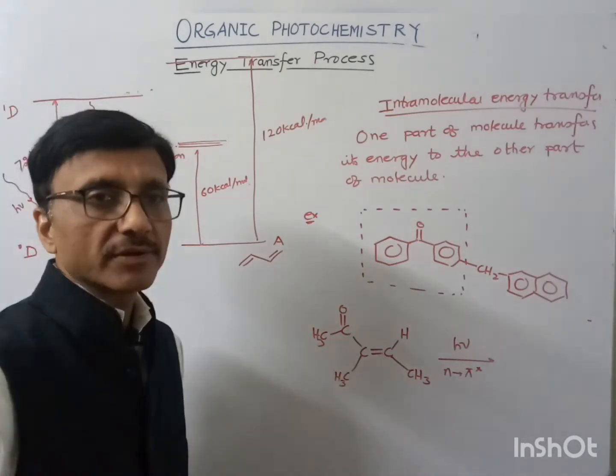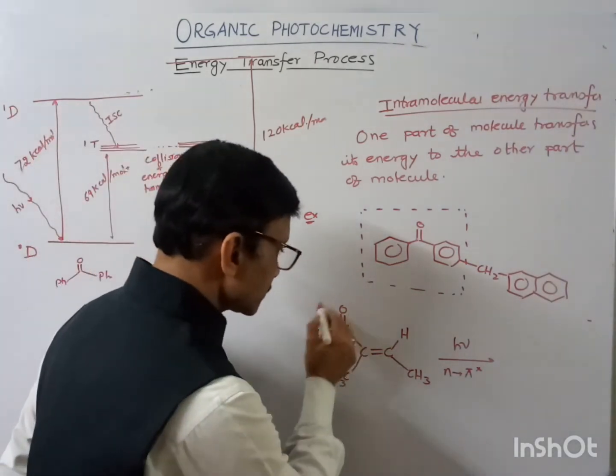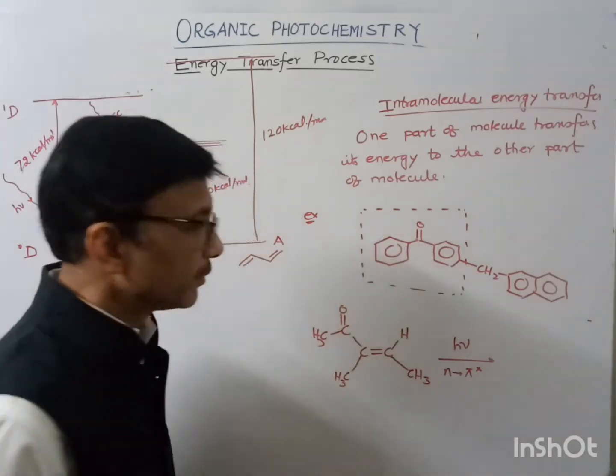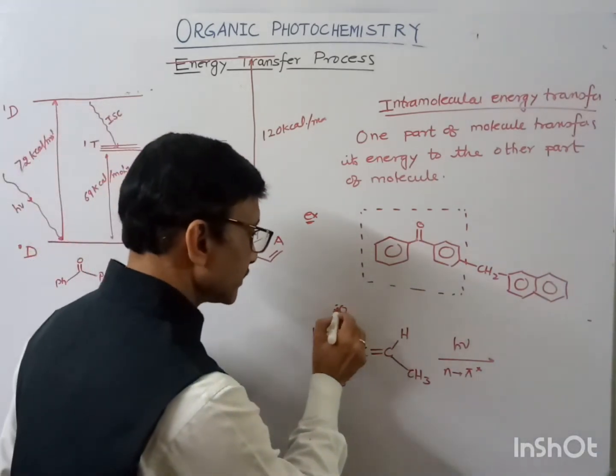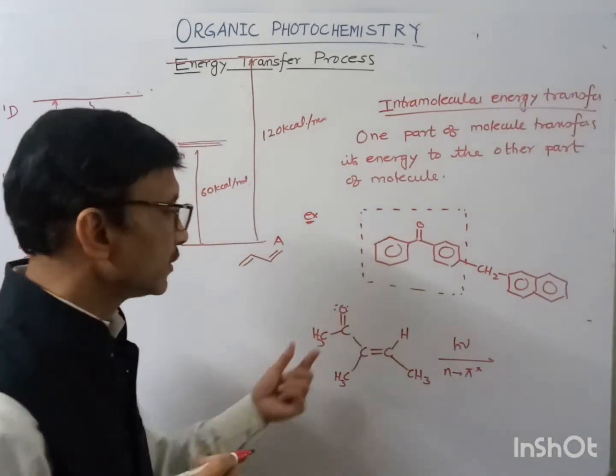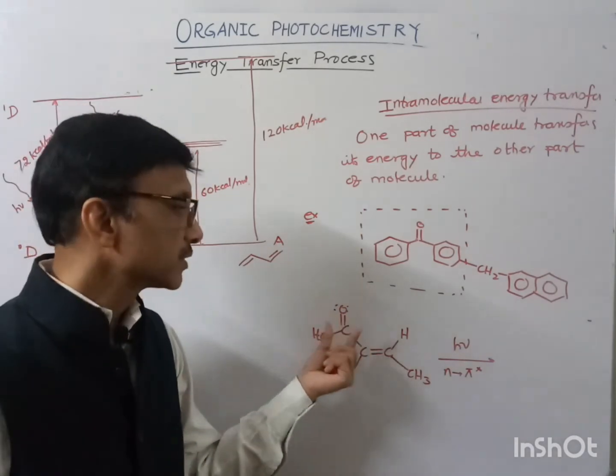This n to pi star transition is of the carbonyl part, because it has the n electrons, so it will absorb the radiation.